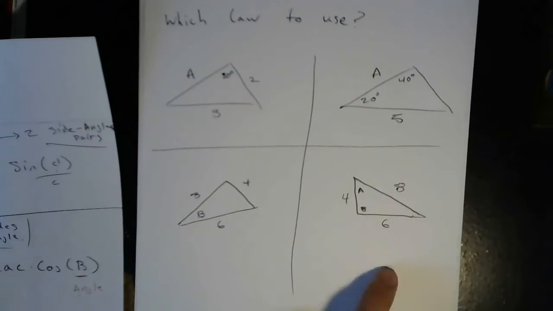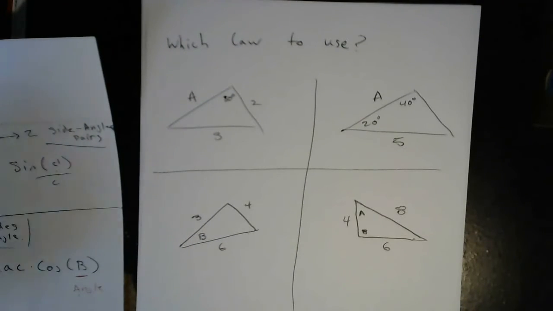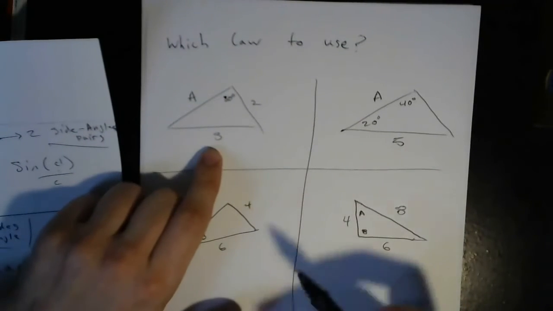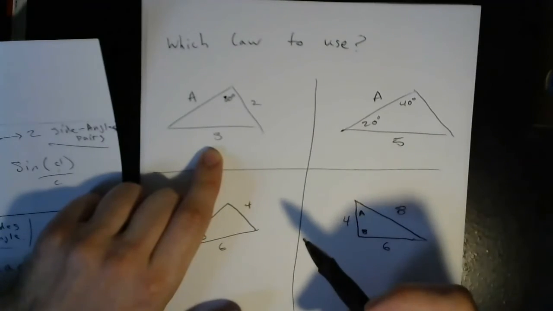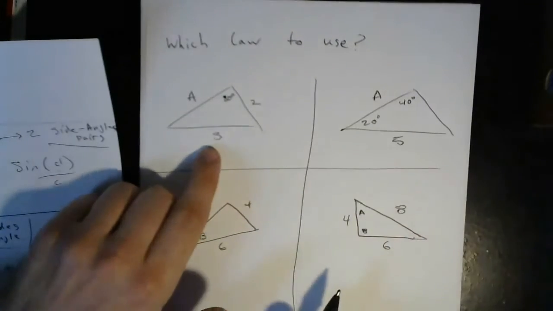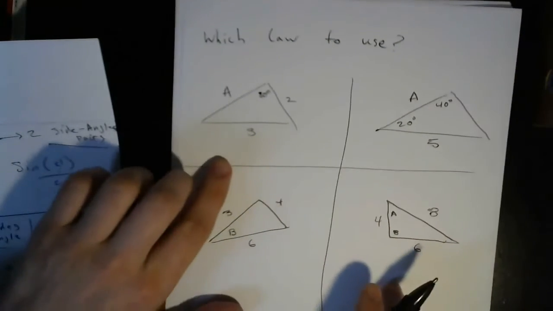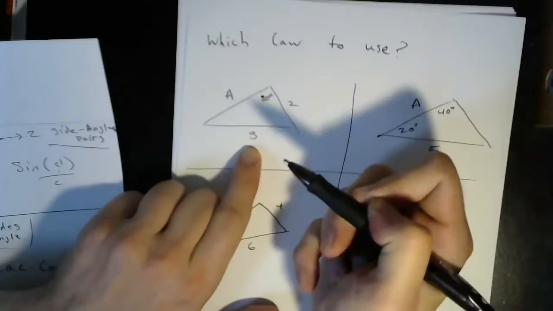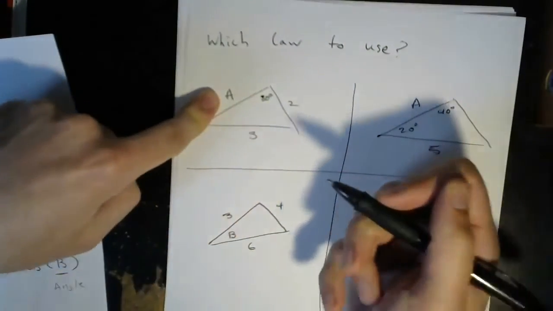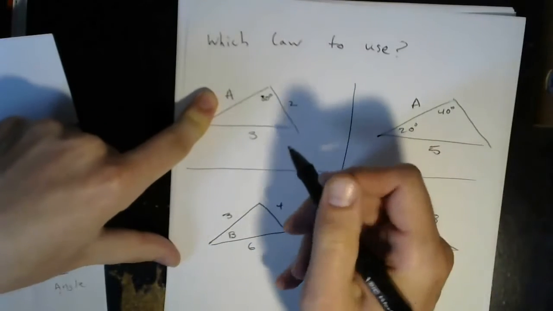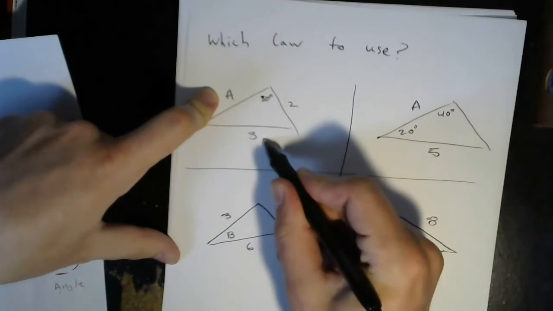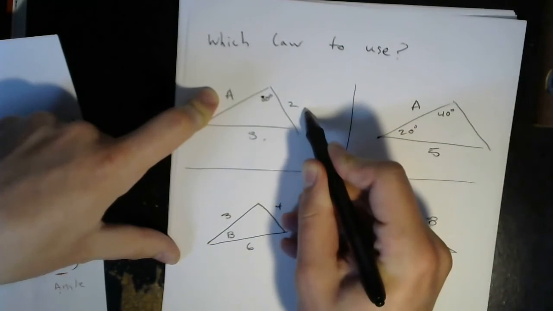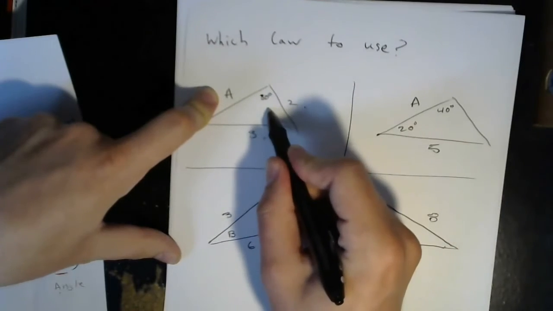And hopefully you did that. In each case, we want to ask, do we have sides? Do we have angles? How many of each? So let's look at the first case. A is the unknown. That's a side. Then we have known values for a second side, a third side, and a known value for an angle.